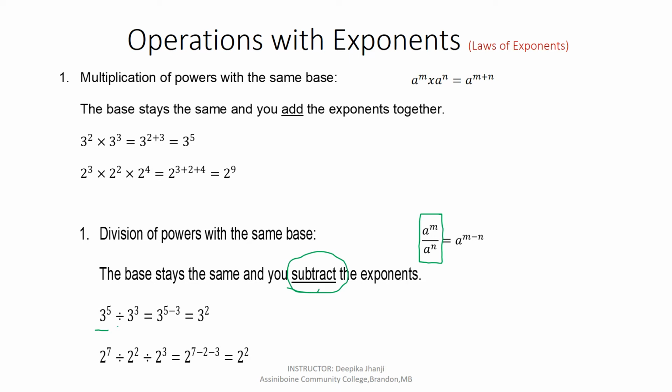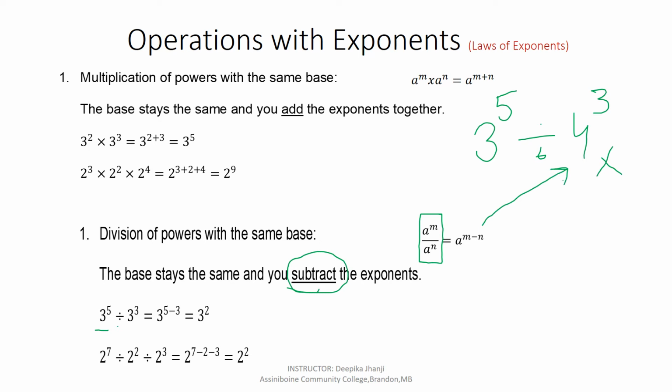Now the first thing you need to note is the bases are same, right? If bases are not same, let's say you have 3 raised to power 5 divided by 4 raised to some exponent, then this rule is not applicable. You'll have to use another method to calculate the value.